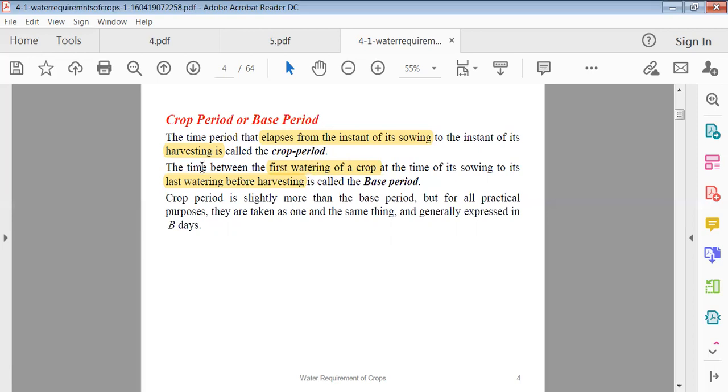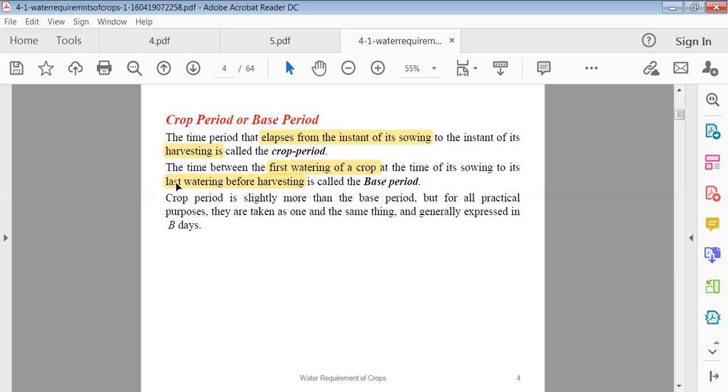The base period is the time period between the first watering of a crop after its sowing to the last watering before it is harvested. So it is the watering of the crop from the start, that is the first watering, to the last watering.